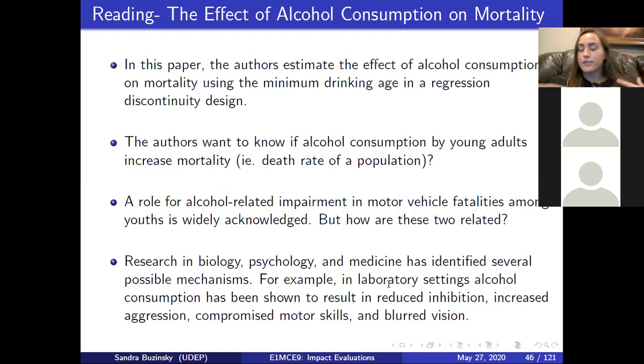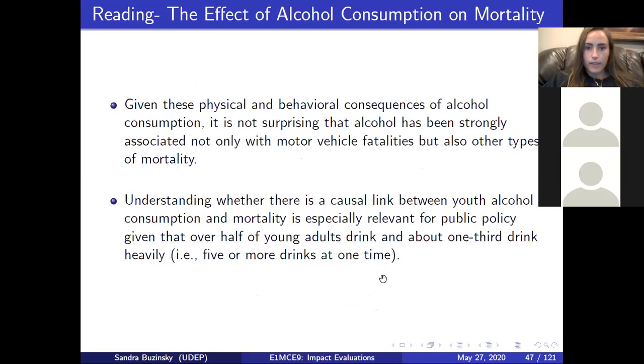You don't have as good self-control. Those are the reasons the authors attribute drinking to more car collisions. There's an obvious set of physical and behavioral consequences of alcohol consumption, so it's not surprising alcohol has been strongly associated not only with motor vehicle fatalities, but also other types of mortality.